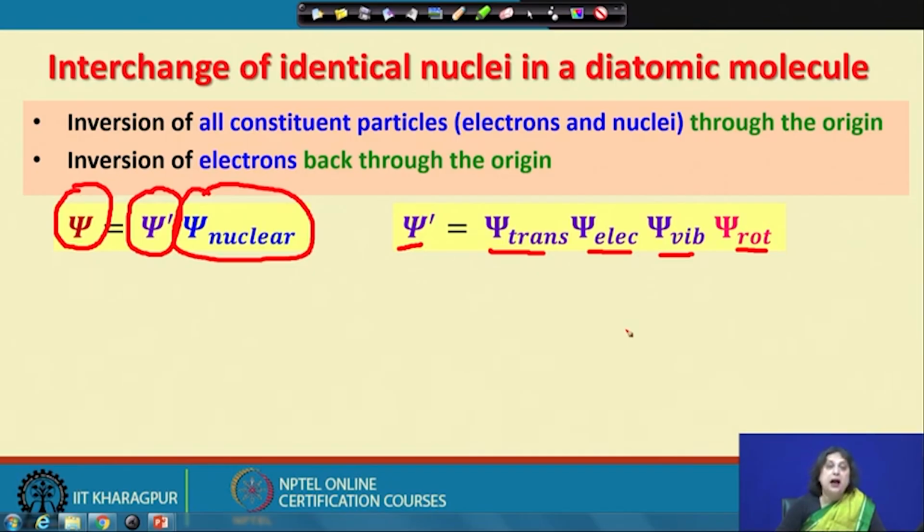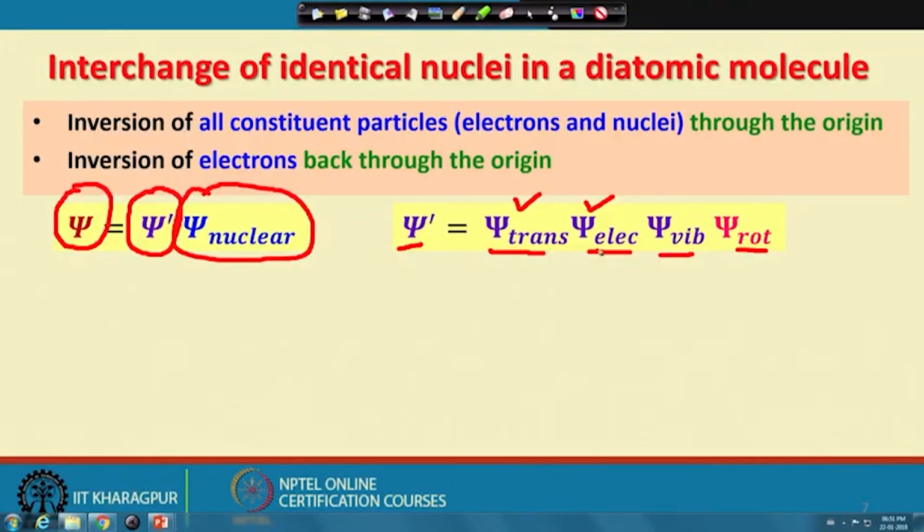So, under the approximation of rigid rotor simple harmonic oscillator, I can write down that psi prime is a product of these individual wave functions: psi trans corresponding to the translational motion of the center of mass of the molecule on the whole, psi electronic corresponding to the solution of the electronic energy eigenstates for the molecule that we have at hand.